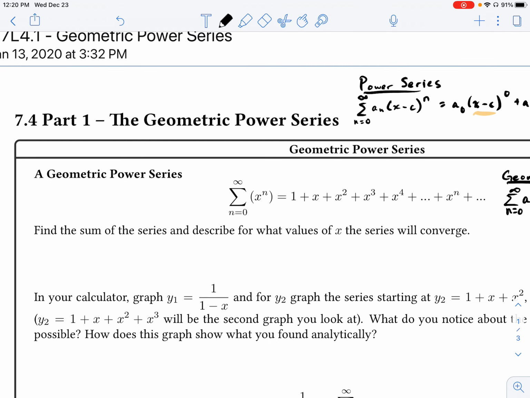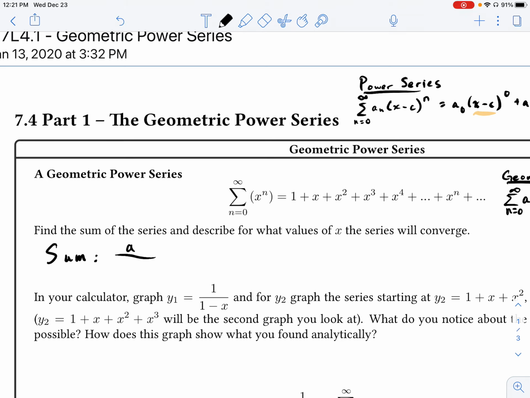Well, what do we know about geometric series? We know that if they converge, or I should say they will converge, or in other words, they will have a finite sum if the absolute value of its common ratio is less than 1. So in other words, we know that a geometric series will have a sum, right?